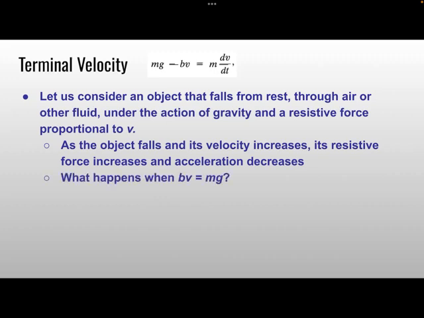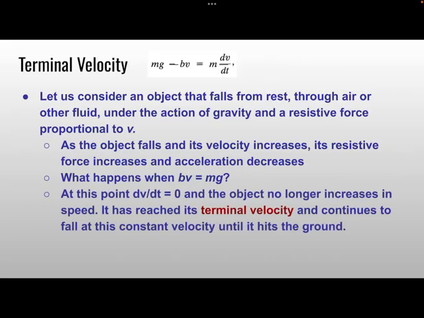So what happens when the air resistance is equal to weight? What happens when bv is equal to mg? At this point we arrive at our equation being m times dv over dt equals 0. That means our acceleration is equal to 0, and the object is no longer accelerating, which means the object is falling at constant speed.